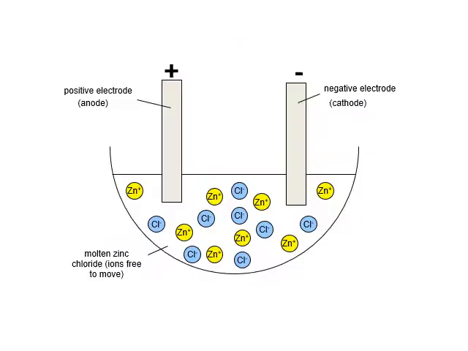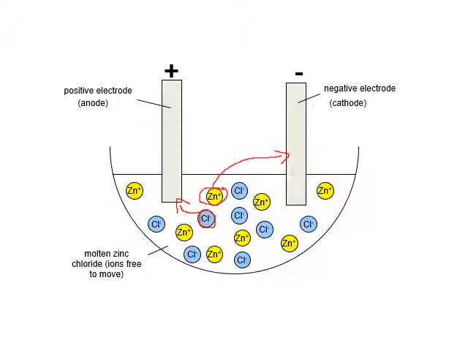So just a very quick reminder, this is an example of electrolysis, zinc chloride. In this example, our zinc, which is positive, is going to move to the negative cathode, and the chlorine ions, which are negative, are going to move to the positive anode.